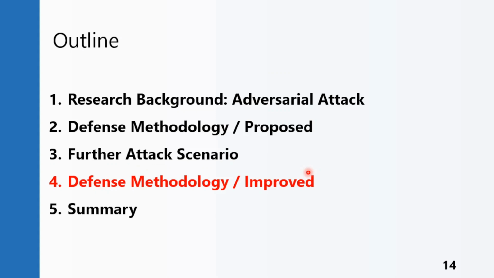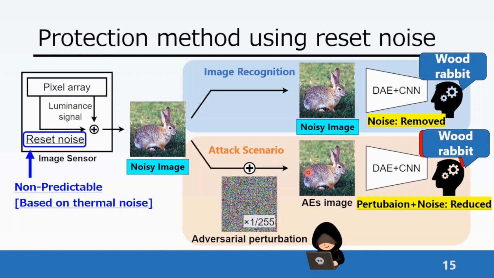Next, I'm proposing an improved defense methodology. We propose to use a pixel reset noise generated in the image sensor as a disturbance noise. When capturing an image, both the illuminate signal and the reset noise are read out. By combining the signal and noise, the image sensor outputs a noisy image instead of a clean image.